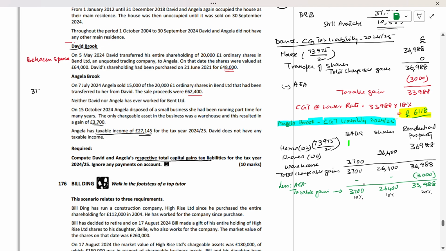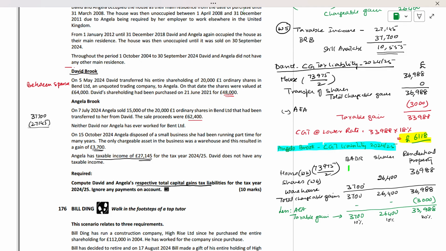37,700. Okay, how much is the taxable income? 27,145. If you take into consideration how much we got, 10,555. 3,700.